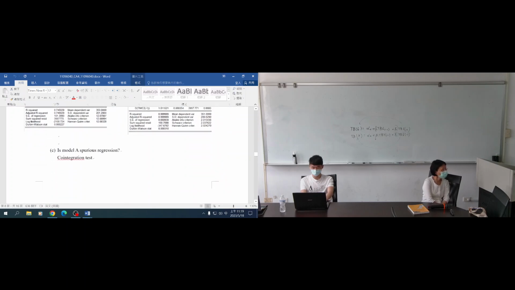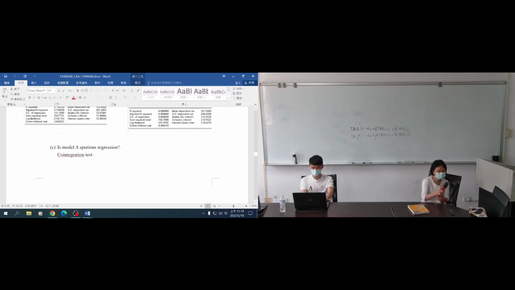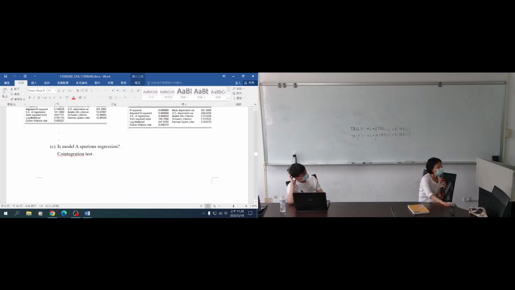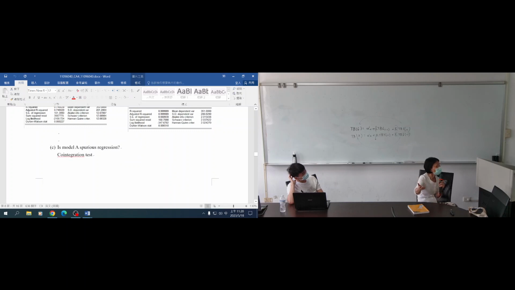Okay. And then I'm surprised all of you put the variable of time as a test for the stationary. Actually, I'm not sure either, so I just put it. Okay. For a time series model, the t is usually a trend variable, and you put it in the model to detrend.